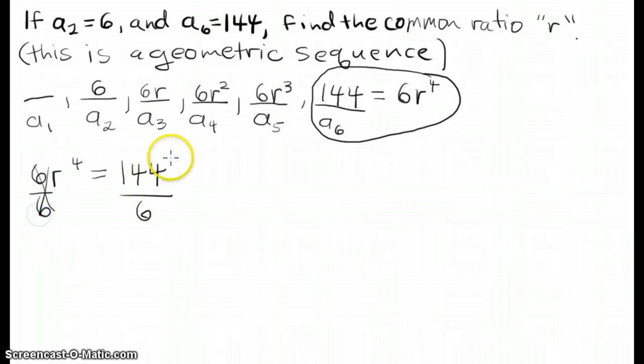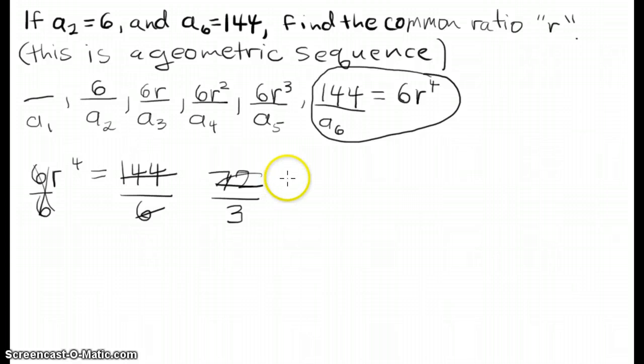That cancels out. This gives us, oh geez, maybe I should have gotten a calculator. 144 divided by 6. Well, I can split it up like this. I know that 2 goes into this, 72 times, and that 2 can go into this 3 times. Now let's see, 3 goes into 72, oh, I'm trying to do this in my head, 24 times.